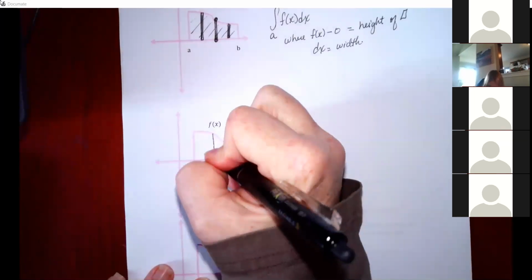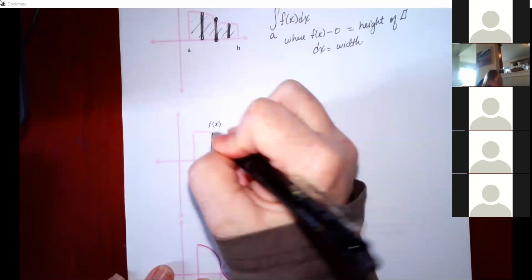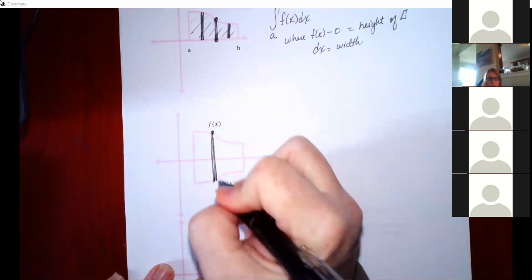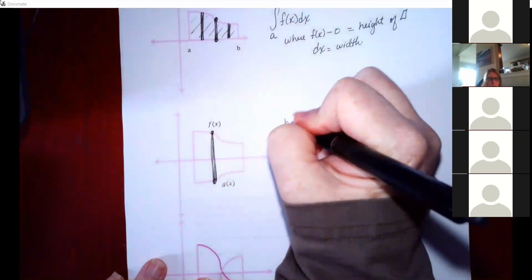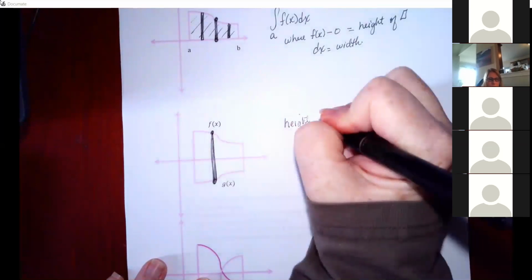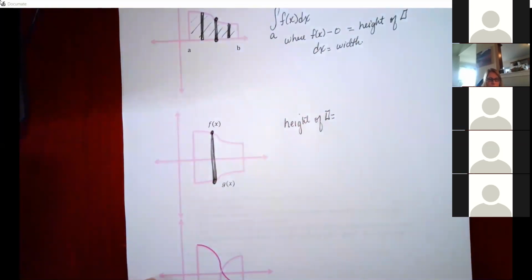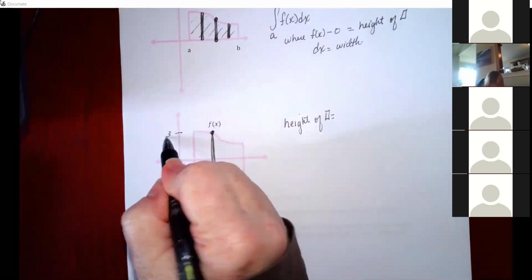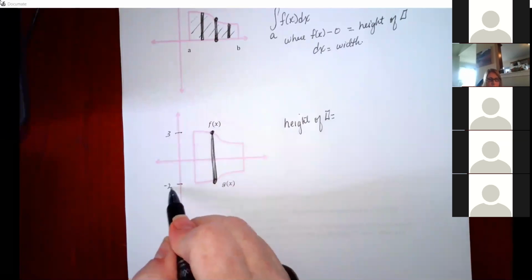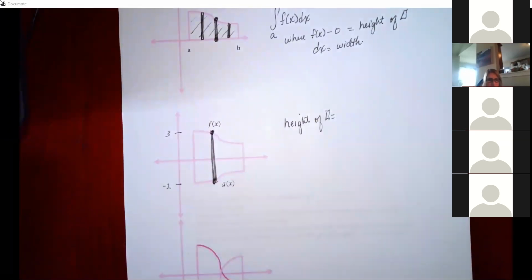If I gave you this rectangle right here, so this is an f of x and this is a g of x, could you tell me how to find the height of that rectangle? It's a vertical distance. So like if this was at 3 and this was at -2, could you tell me how tall this rectangle would be? How many units would it be?